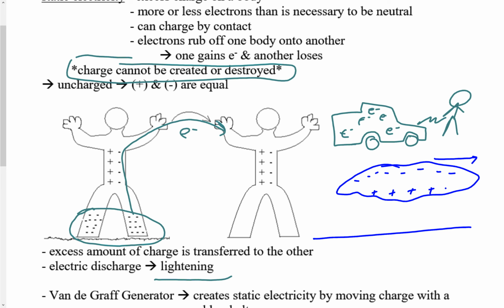This is when you'll see lightning up in the sky. But sometimes you'll also see that lightning come down from the sky as well. And one of the things they know now is that a bolt of lightning is actually made up of two discharges at the same time, one going up and one going down. So it's kind of interesting how all that works.